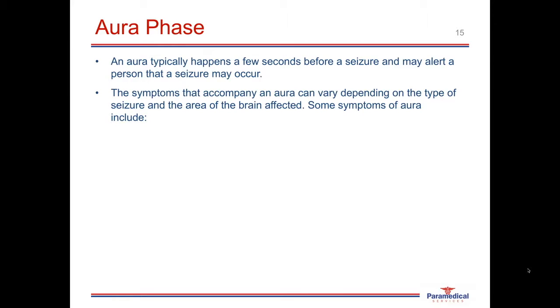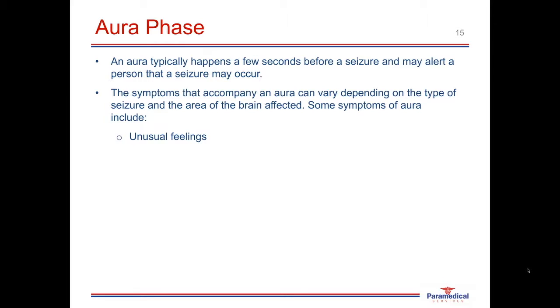The symptoms that accompany an aura can vary greatly depending on the type of seizure that occurs and which part of the brain is affected. And this can also vary quite dramatically from person to person. It doesn't seem that there are any 2 people that have the same or similar type of aura before they have their seizure.